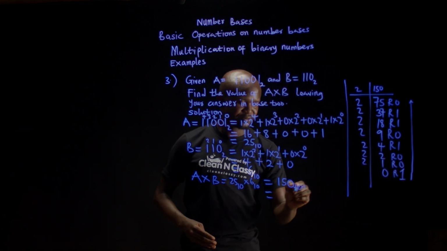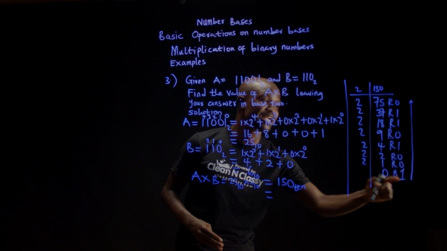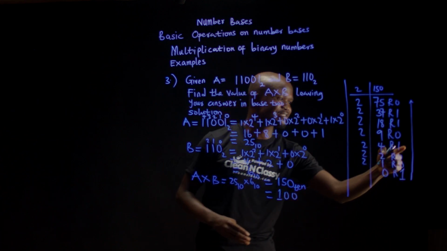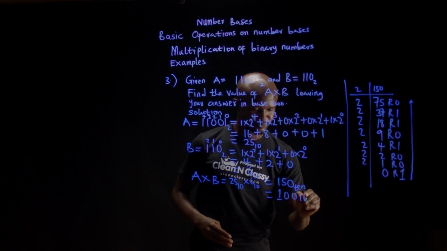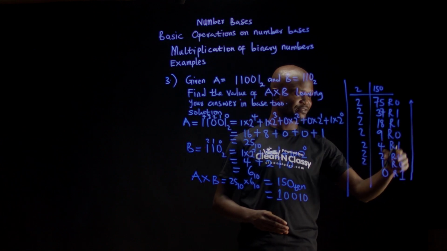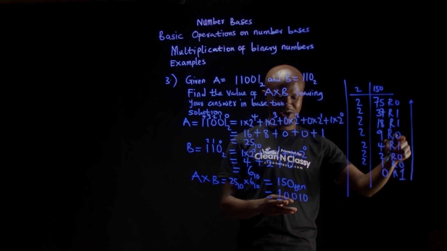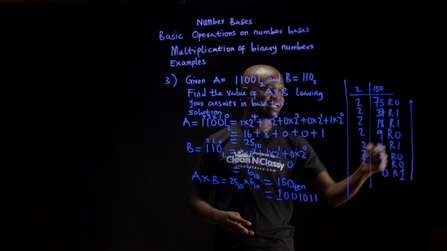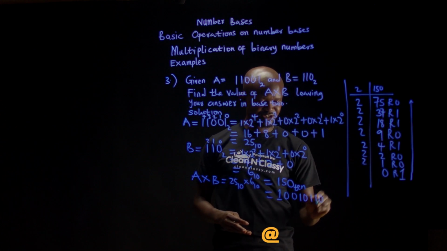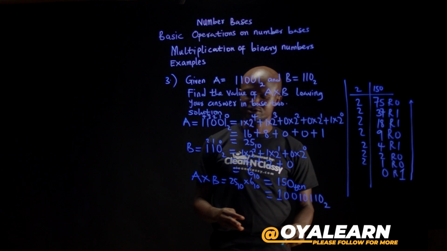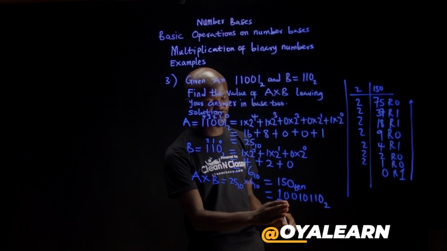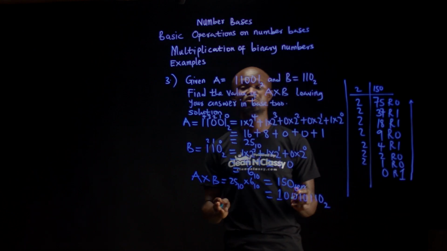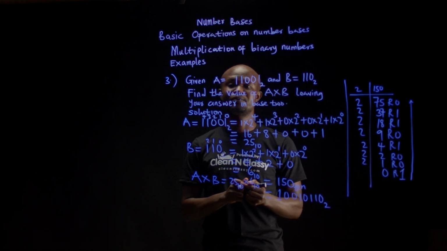Taking from the bottom to the top, the first value is 1, next 0, 0, next 1, 0, then 1, 1, and the last digit is 0. So this is in base 2. It means that A times B is equal to 10010110 base 2. That is the solution to the problem. Thank you.